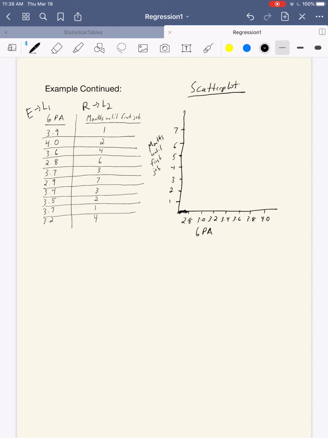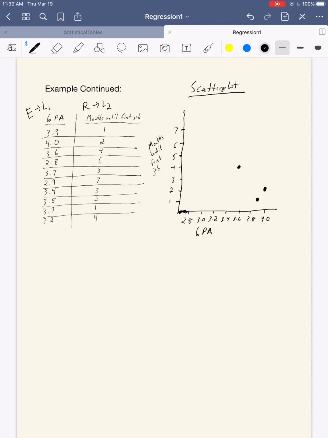Okay, so let's go ahead and plot our points real quick. 3.9 and 1, so we've got a data point right there. We also have 4.0 and 2, so we've got a data point right there. Looks like we have 3.6 and 4, so we've got a data point right in there.